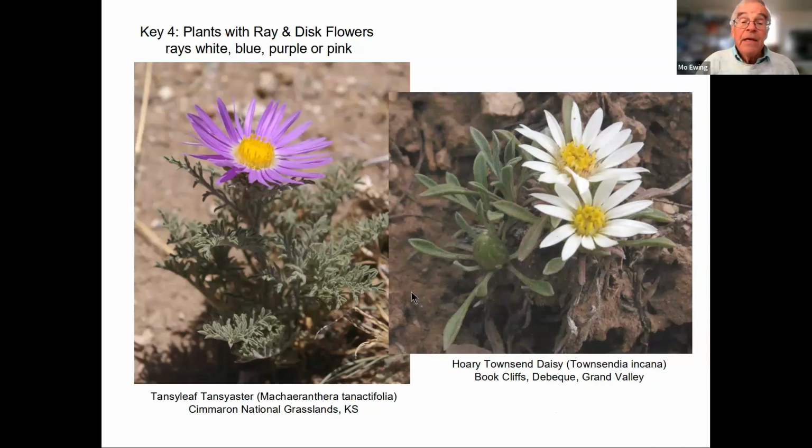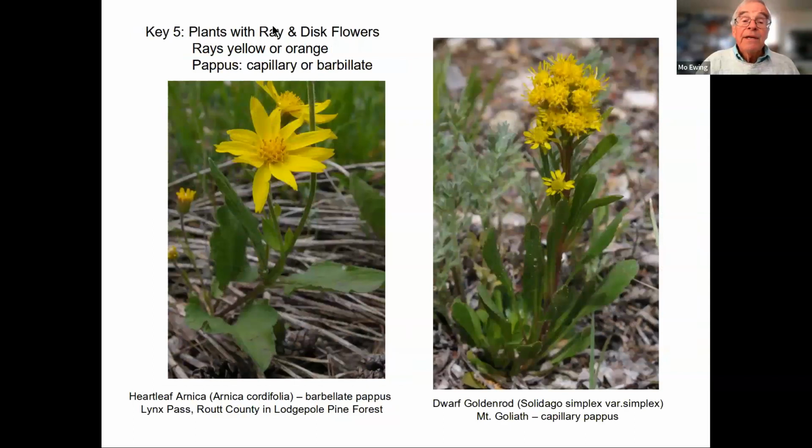The 5th key are plants with ray and disc flowers, but rays are yellow or orange, and there's so many of these, and these are the ones that everybody complains about. Oh my God, those yellow asters. But it helps if you know your pappus.